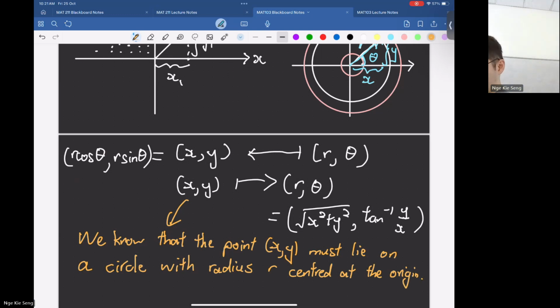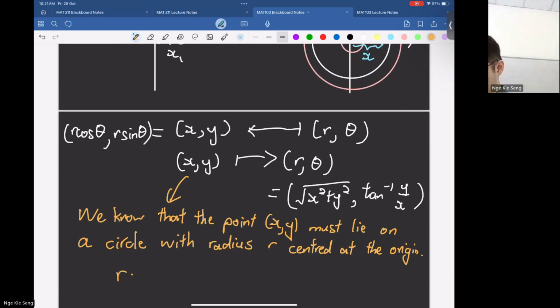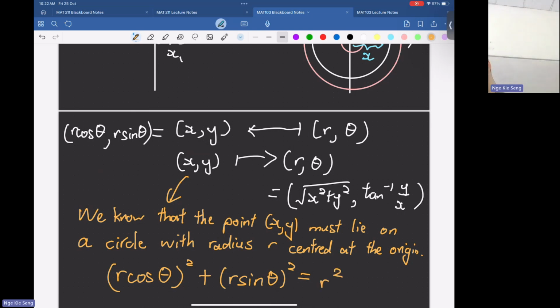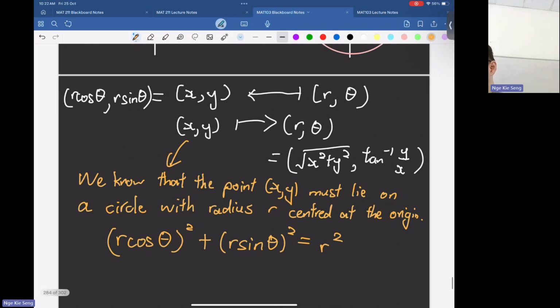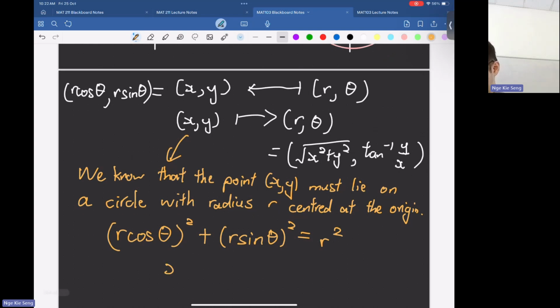Meaning r cosine theta squared plus r sine theta squared has to satisfy the equation equals r squared. So if we want to know r from xy, we know that x squared plus y squared has to be r squared.